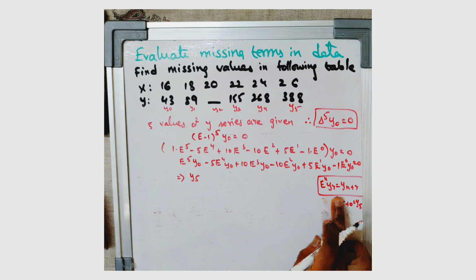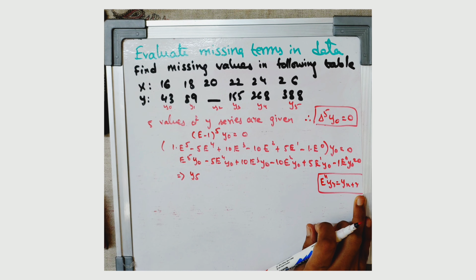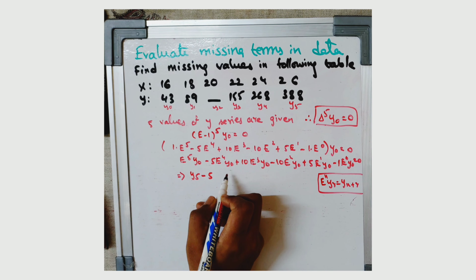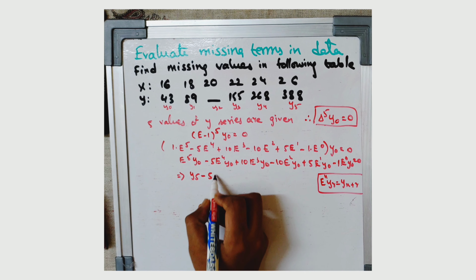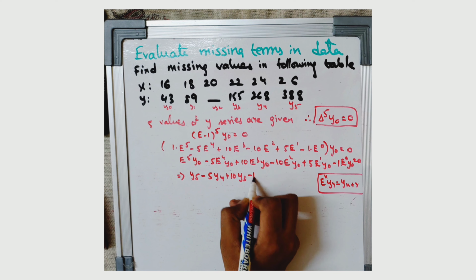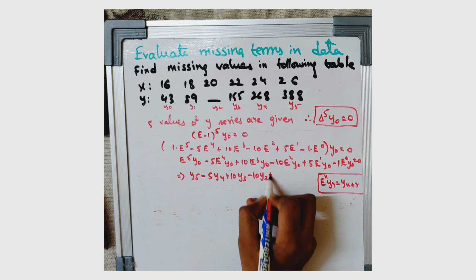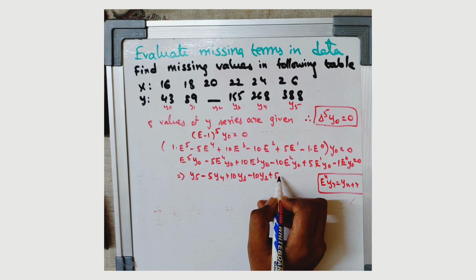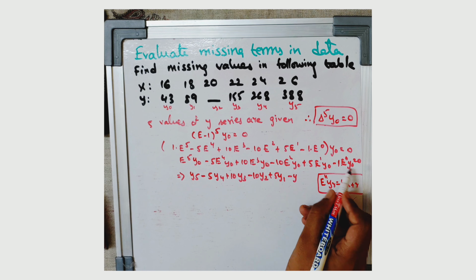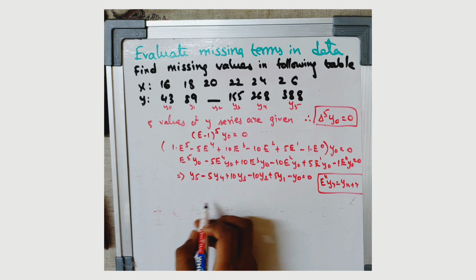In that way I have just written E power 5 into y0 as y5, minus 5 into E power 4 y0, that is y4, right? Plus 10 y3 minus 10 y2 plus, what you will get? Plus 5 y1 minus y0 equals to 0.